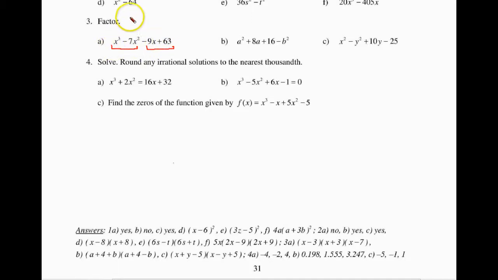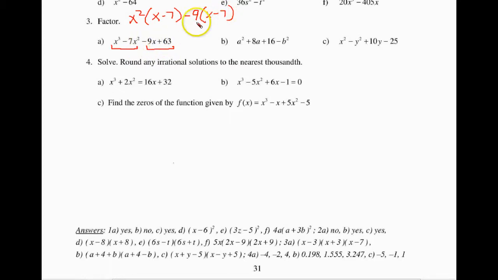So here we can factor out an x squared out of these two, and then get x minus 7. And then here we're going to factor, this is kind of tricky, a negative 9 to get x minus 7. Notice we had to reverse the signs by factoring out a negative.